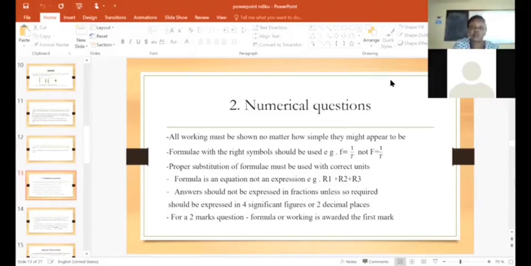It's good we give all of it. Then it's also important to note that answers should not be expressed in fractions unless required. Answers should be expressed in 4 significant figures or at least 2 decimal places.